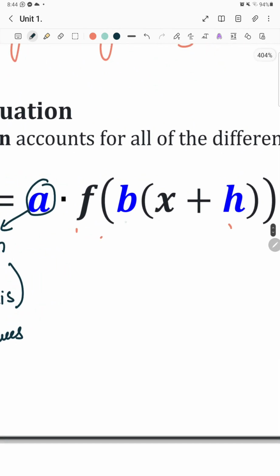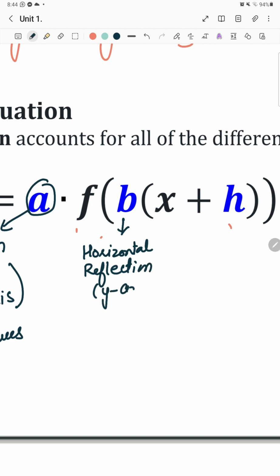What does B mean? Horizontal reflection. And when we reflect horizontally, we affect x values.